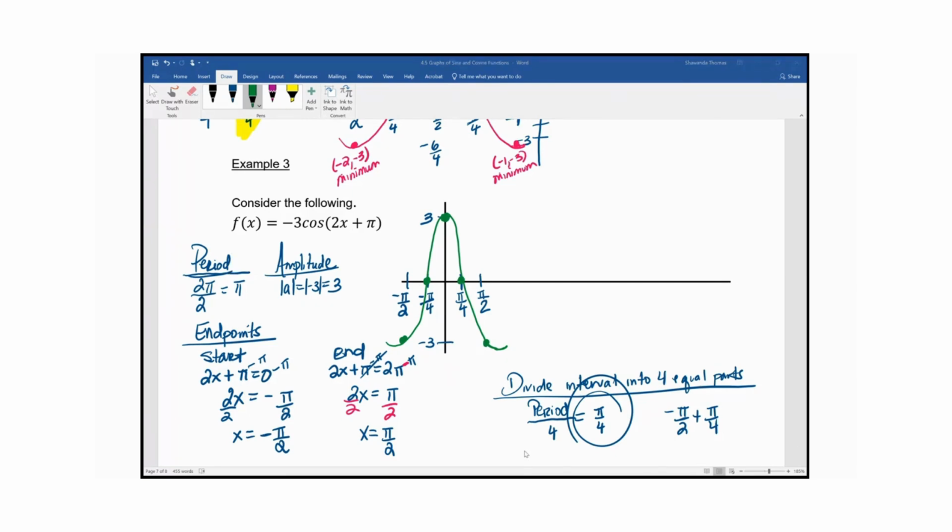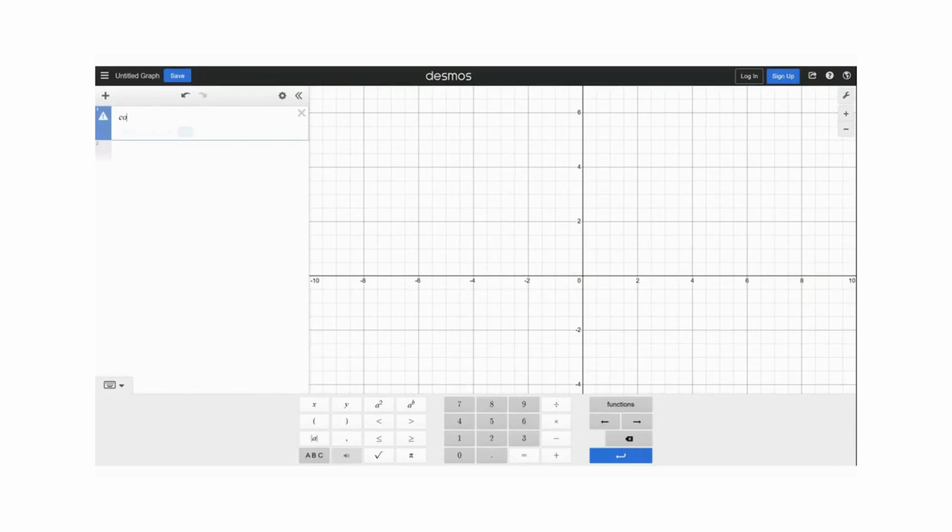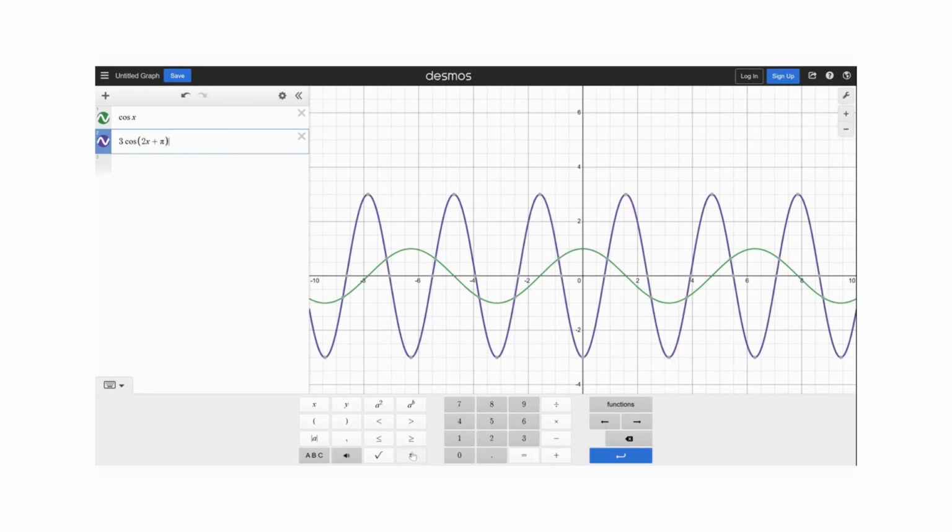This is regular cosine like that. And I'm not going to put the negative on first. Let's just see the difference between the positive 3 cosine 2x plus pi.